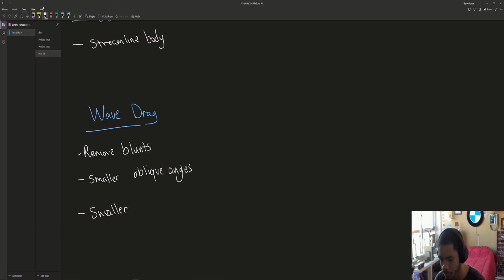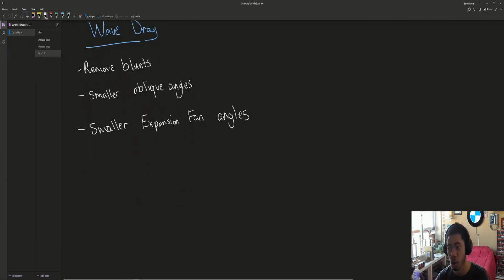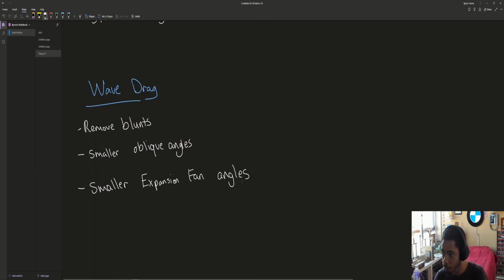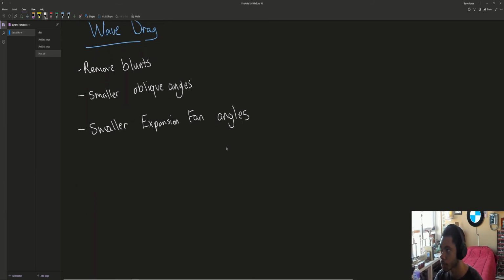Smaller expansion angles. That way your pressure doesn't drop too low significantly, unless you're trying to create more lift. Those are pretty much the biggest things for removing wave drag.